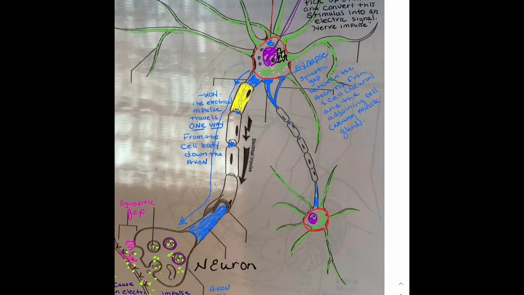And rolled butter is nothing more fancy schmancy than another way of saying fat, right? And that's exactly what these are. These are layers of fat wrapped around your axon. And they have a very special name, and that special name is myelin. This myelin is produced by a very special cell called a Schwann cell.